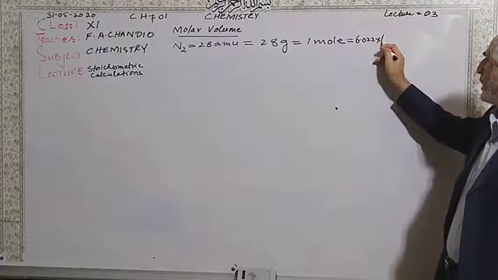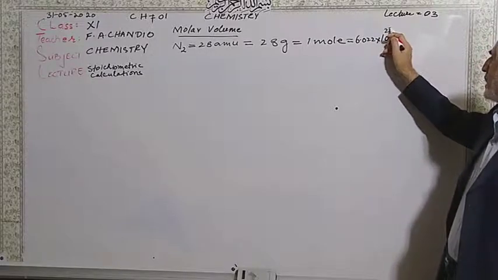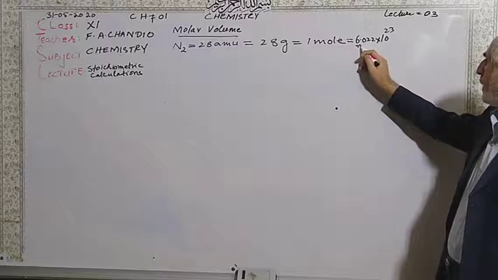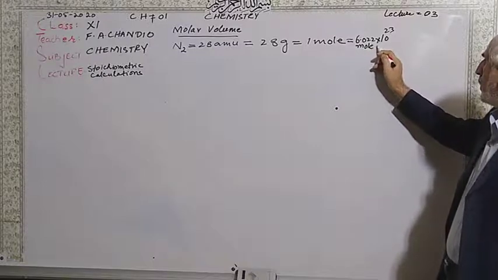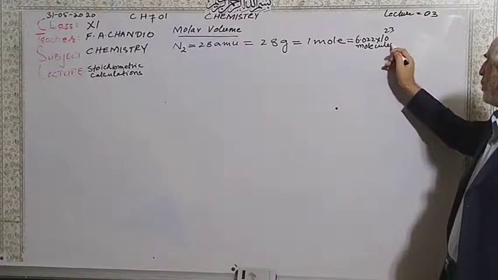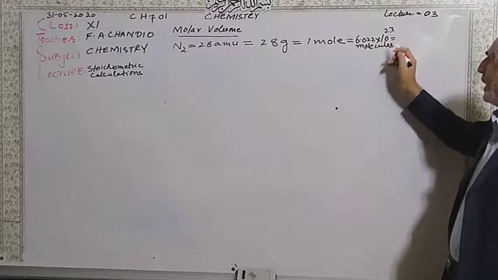6.022 into 10 raised to the power 23 molecules, because nitrogen is a molecule.